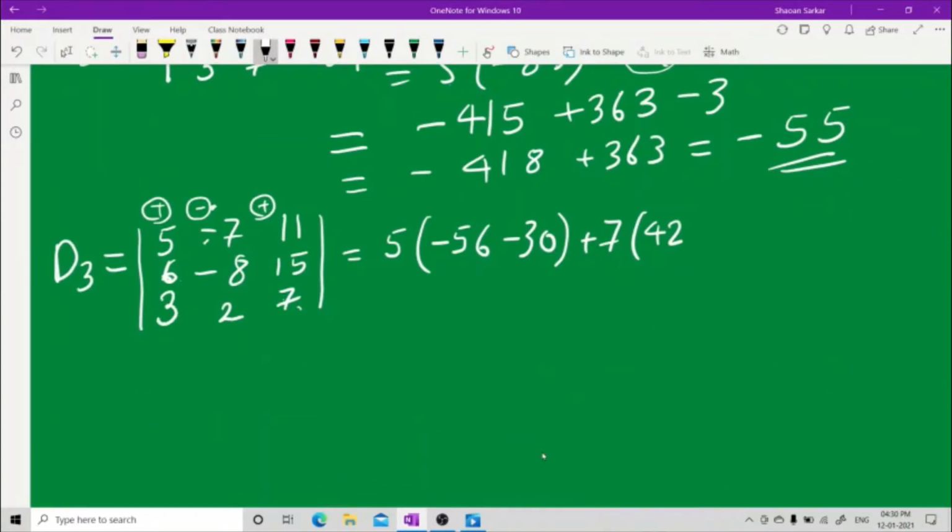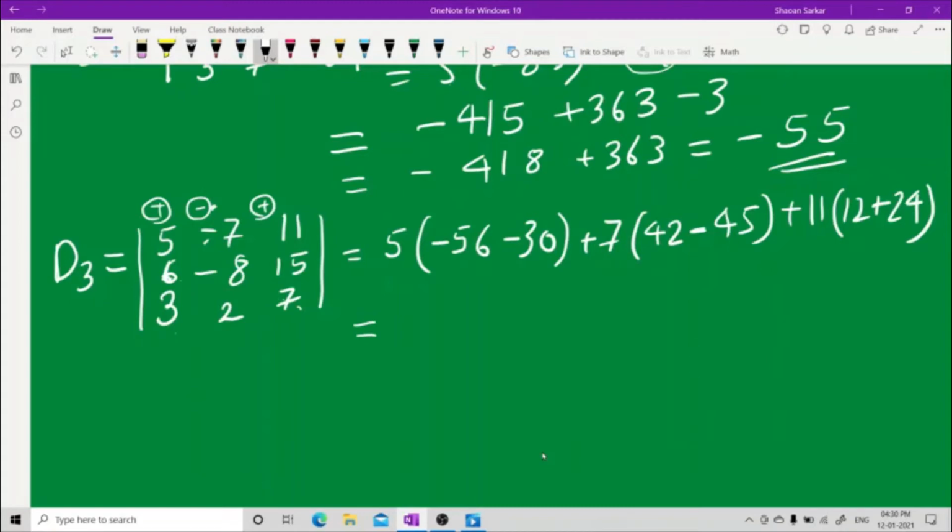Now, this is 7 6 are 42, minus 45. Minus 45. And then you have plus 11, and then you have 2 6 are 12, plus 8 6 are 24. Now, this is what you have.